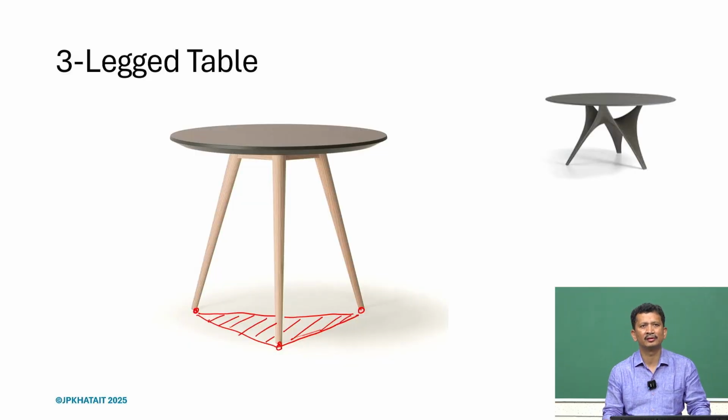So wherever we put this table on any surface, we always define a plane surface on the ground and also a plane passing through the 3 contact points on the table, and these two planes are always conformal, and that's the reason they don't rock, they are stable. It's very important to understand that if there are three contact points, they will define a plane, a surface, and that's the reason it's always stable.